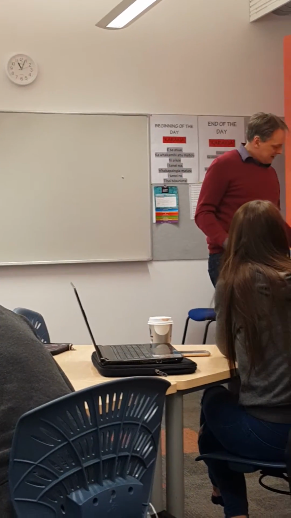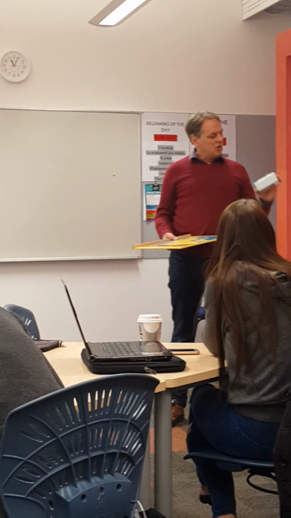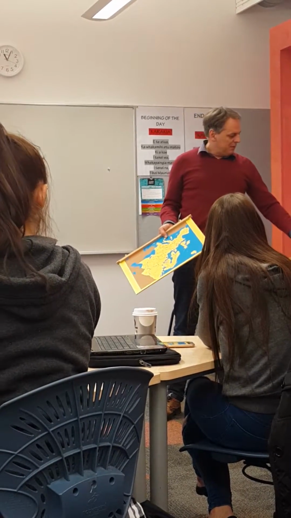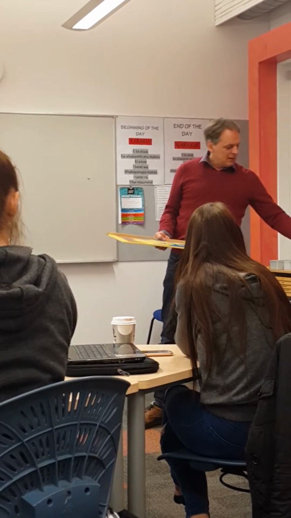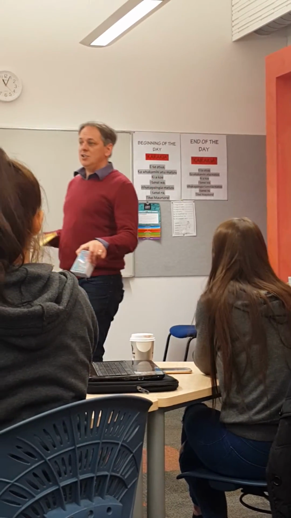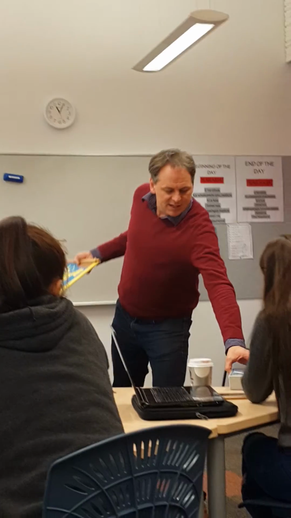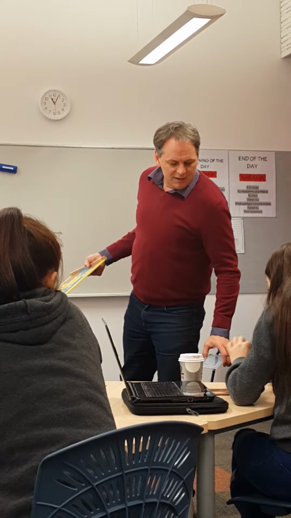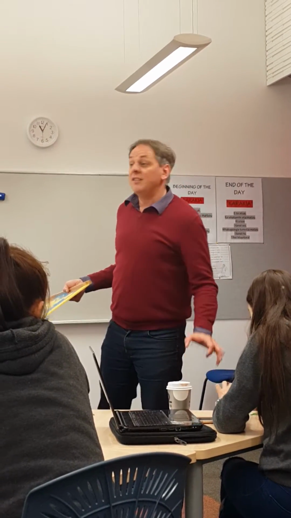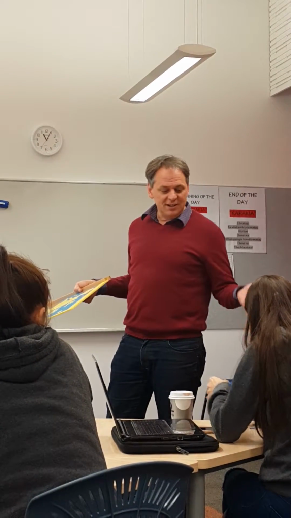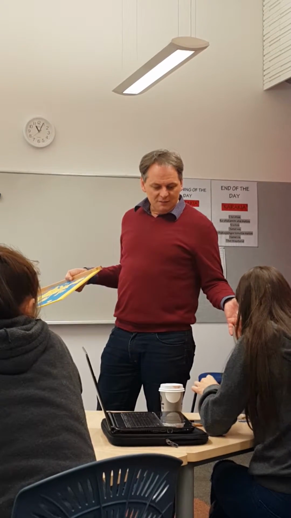You get a set of flags that go with your map. So I've got Europe here. You pick up Europe, and there's a lot of flags here. You can sort just one set of colours. Just green. Tell me what the greens say. So the countries. The blues say what? Water features. Yellows say mountains.